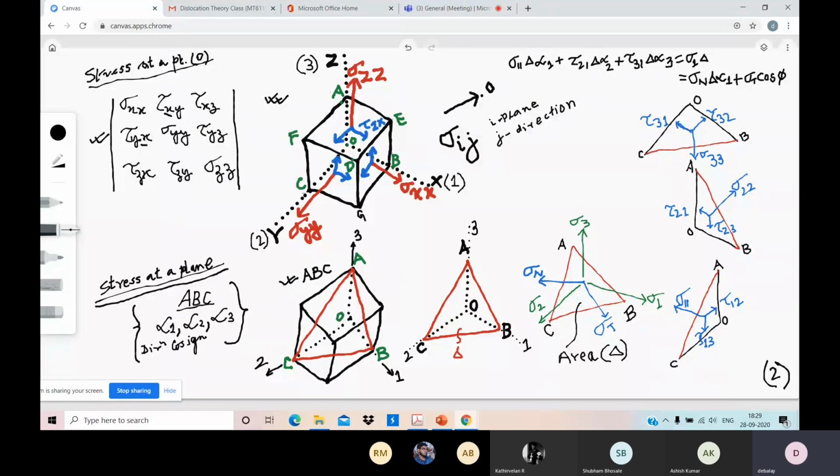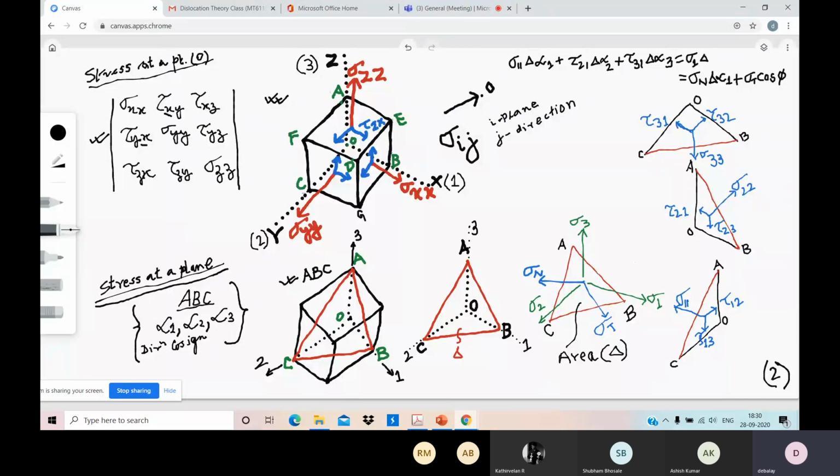What that means is, if you draw the normal to the ABC plane, and if the normal makes an angle theta 1 with direction 1, then alpha 1 is basically cos theta 1. Similarly, the ABC plane normal makes an angle theta 2 with direction 2, so cos theta 2 is alpha 2. Similarly, cos theta 3 is alpha 3.